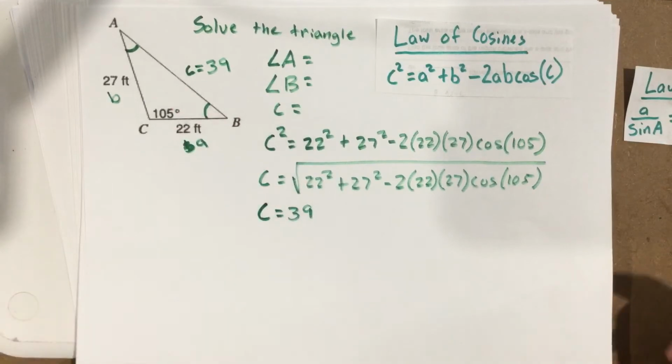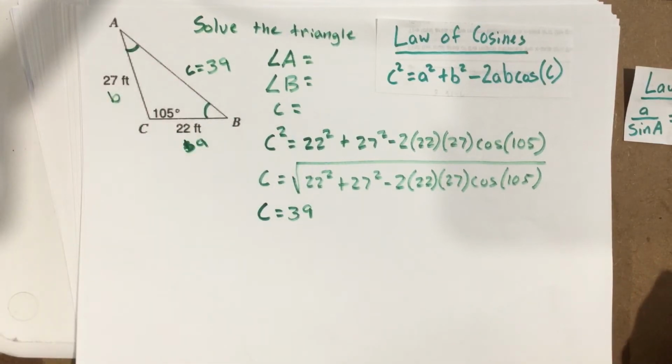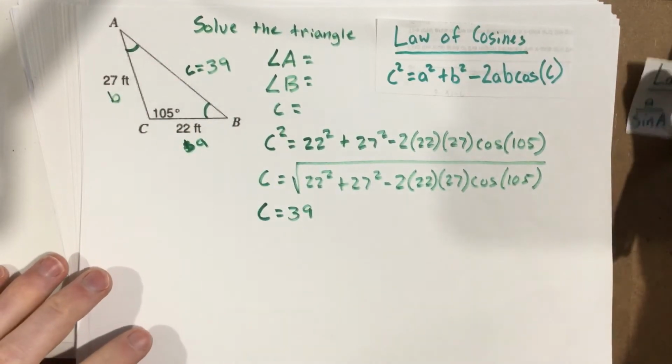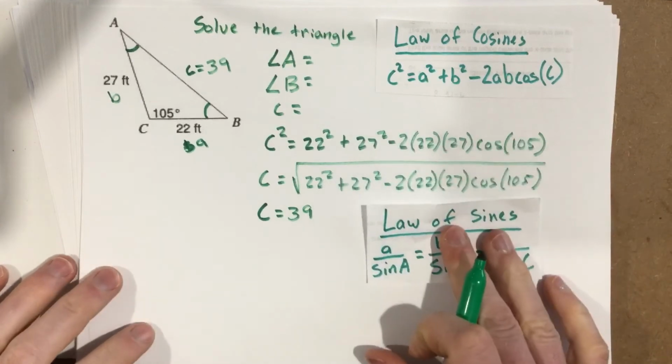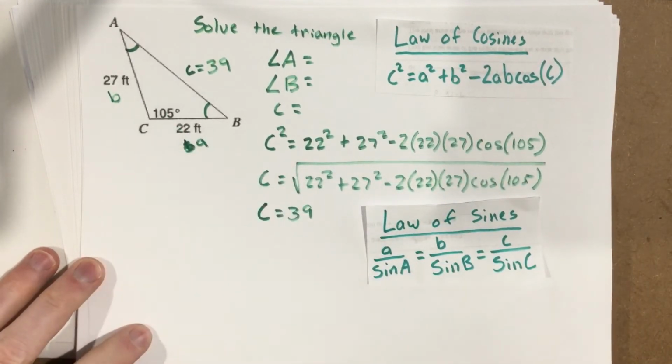Now, once we have C equals 39, we could use law of sines if we want to use law of sines now, because now we have a side length, so we could use law of sines to find the angles. I'm perfectly okay with that. So let's go ahead and pull law of sines back in. And let's say that we got 105 here.